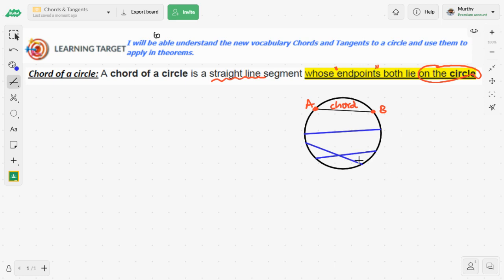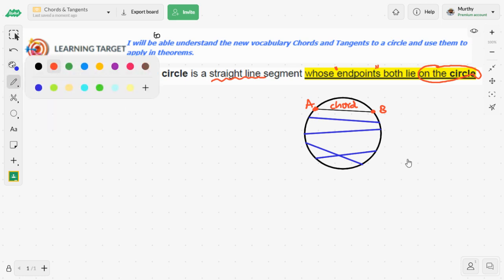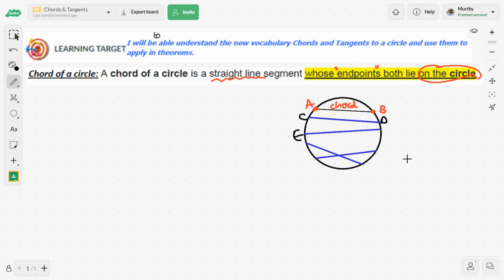I'm just drawing randomly. Now, if I label them, maybe this one is CD and this one is EF. Let's say this is the center of the circle, and this one is GH, then I, J, and so on.